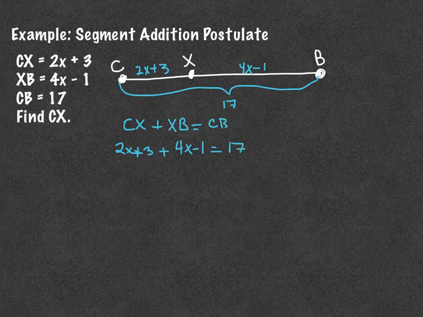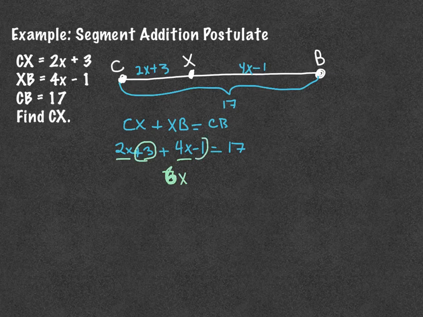Now we're just going to simplify, put our x's together. That would be a 6x. And then we put our constant terms together. 3 minus 1 is a positive 2. Equals 17.